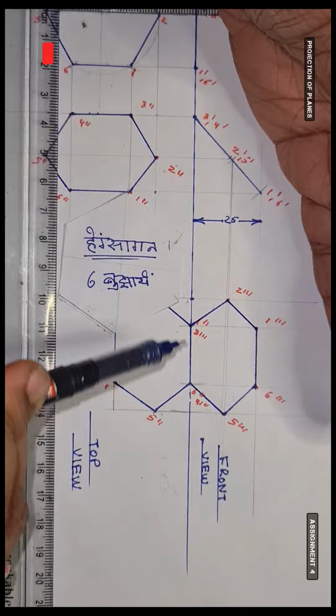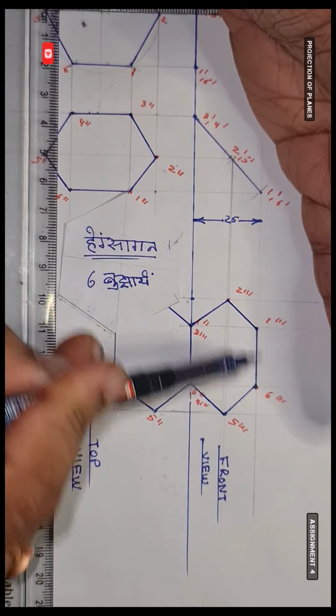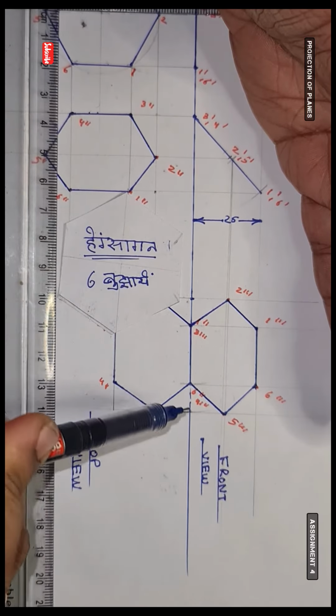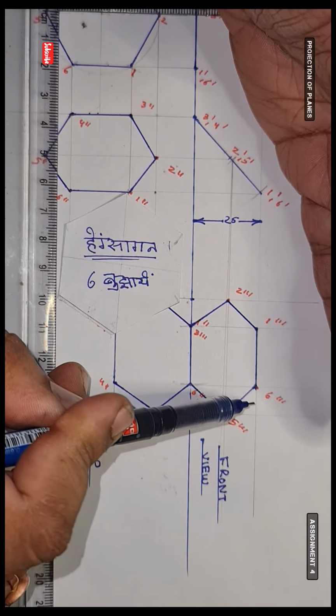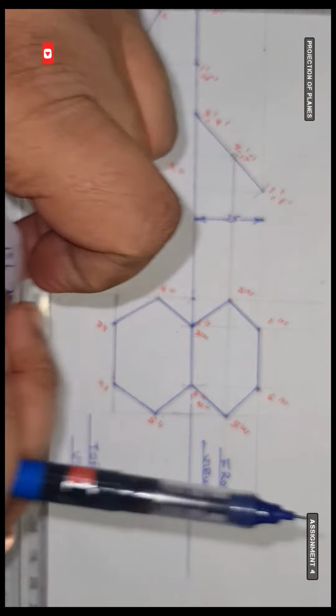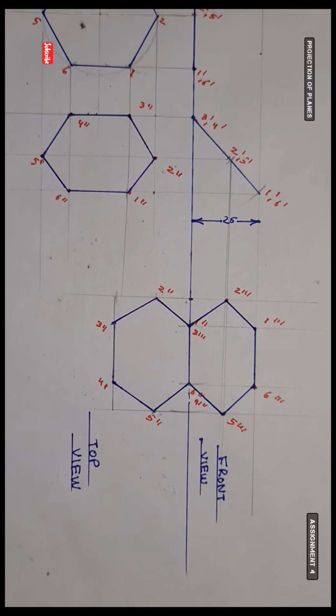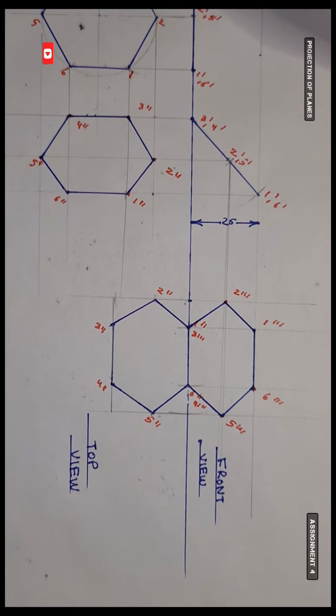This is our top view and this will become your front view. This is 1 dash 6 dash, this would become 1 triple dash 6 triple dash. So this you have to keep in mind. This completes your 6th question. Okay, thank you.